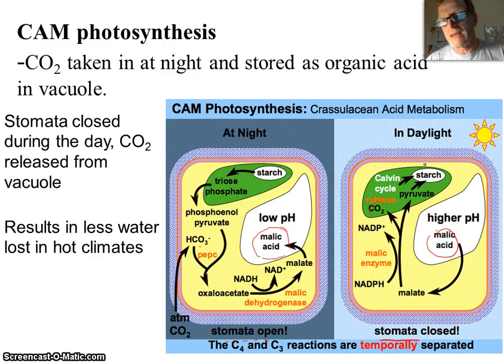They don't need to deal with this problem of leaving stomata open and having carbon dioxide in and oxygen out. They allow carbon dioxide in at night, store it up, and then do carbon fixation during the day with their stomata closed, again avoiding dehydration and excess water loss in really hot climates.